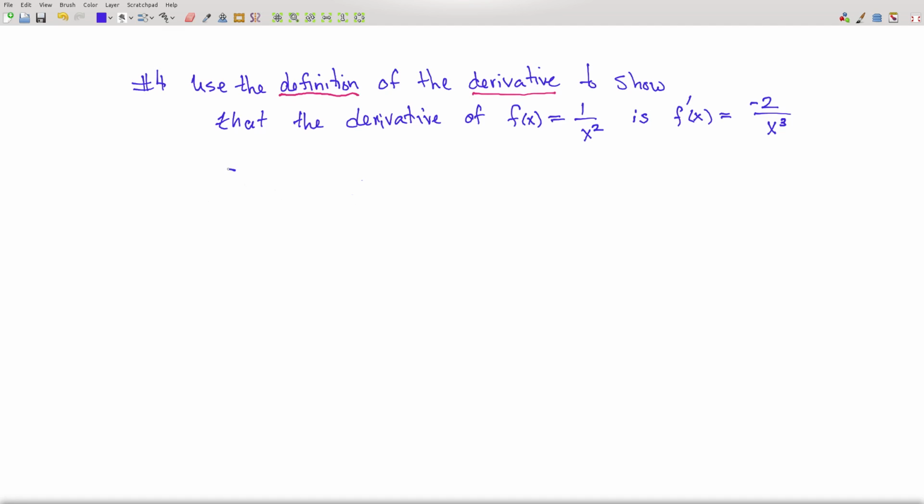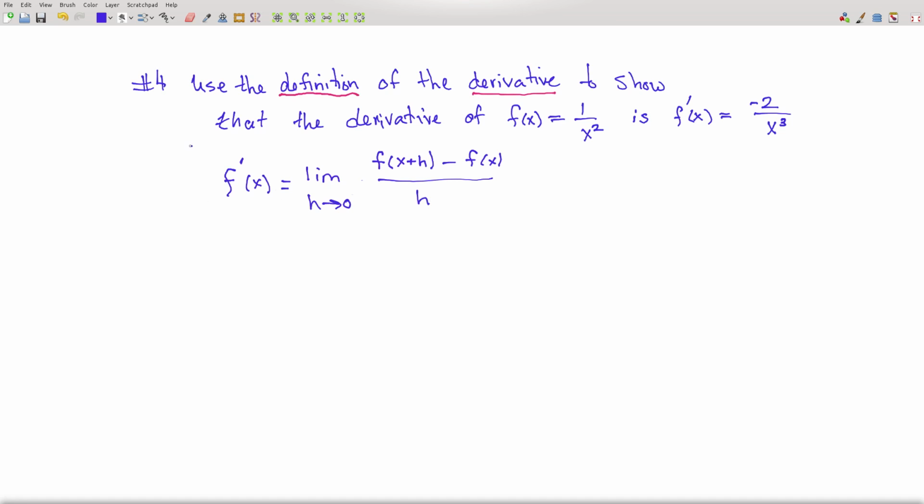If f is a function, then the derivative of f at x is equal to the limit as h goes to 0 of the quotient f of x plus h minus f of x over h.